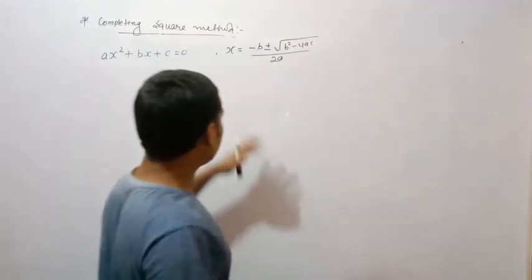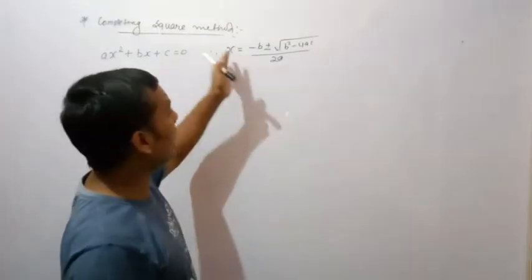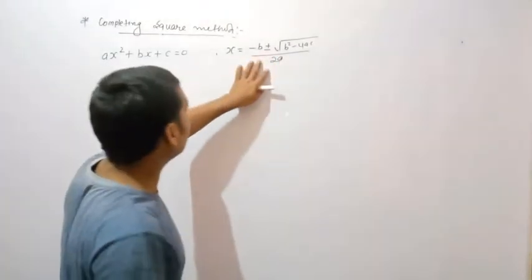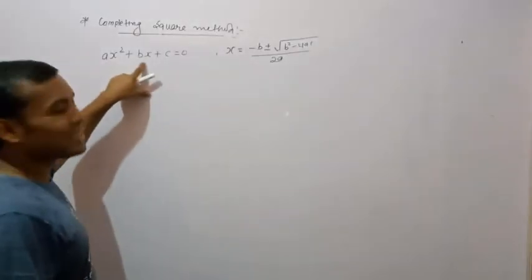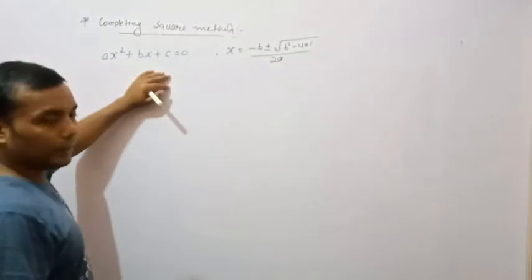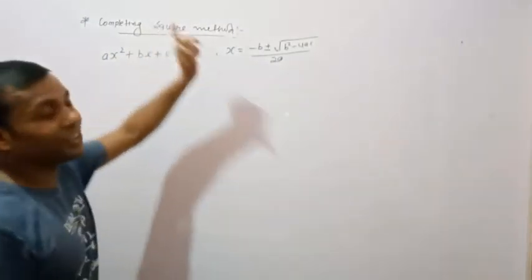It has been derived using the standard equation of the quadratic polynomial by the completing square method.